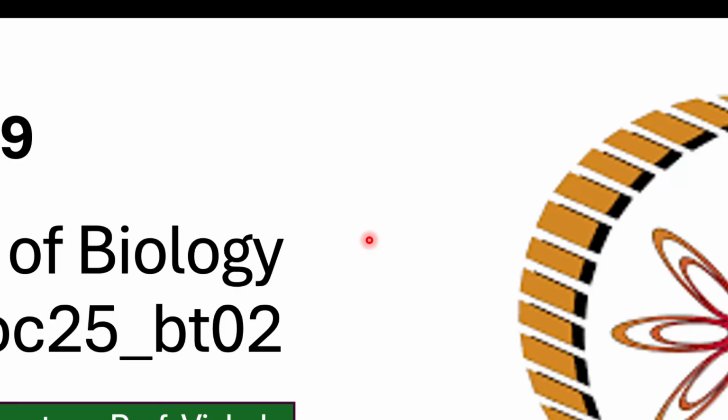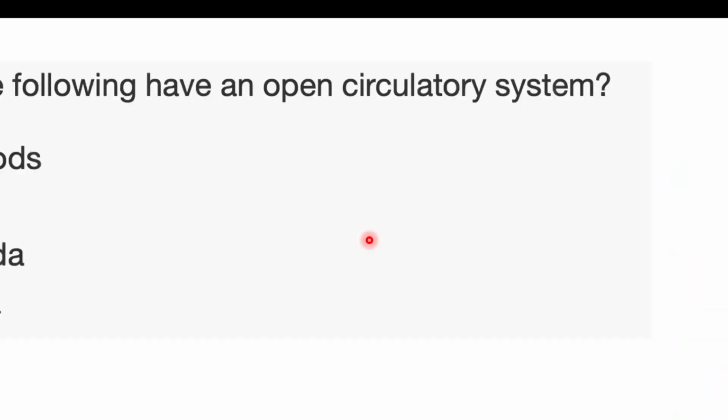Okay, without further delay, let us look at the first question of week 9. Which of the following have an open circulatory system? This is the first question. Which of the following have an open circulatory system?